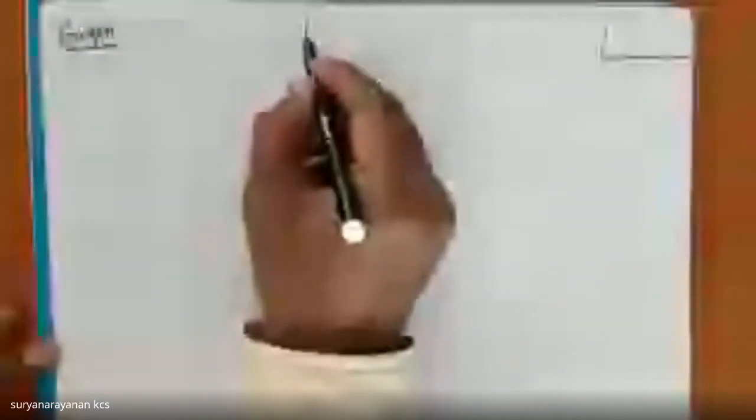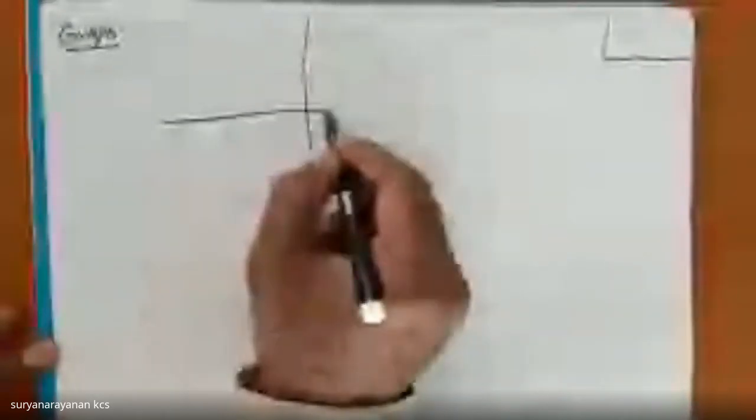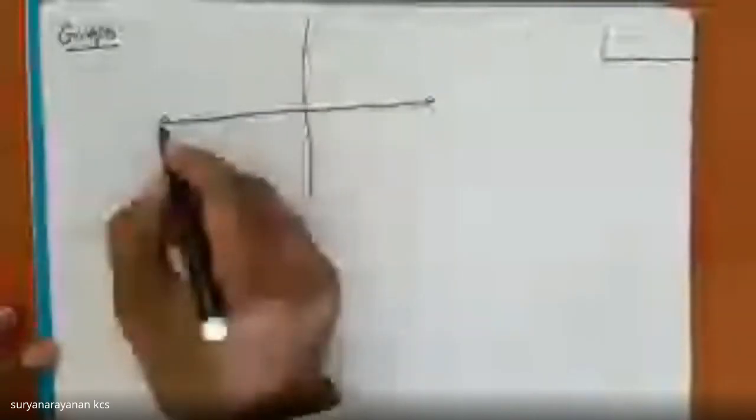Now come to the graph of this function. If you draw the graph of this function, it looks like steps. That is why this is called step function.